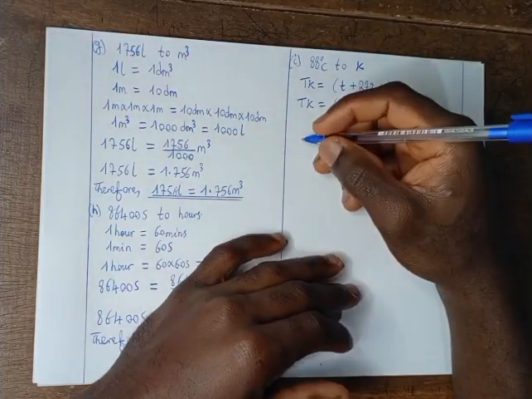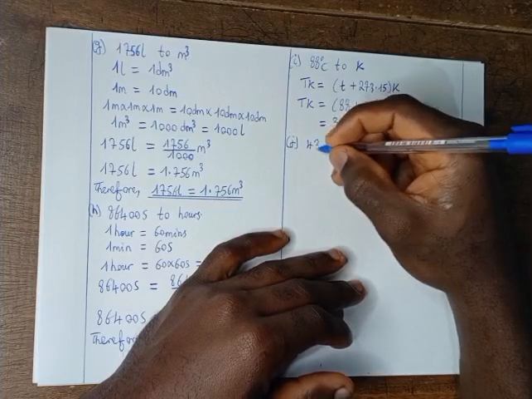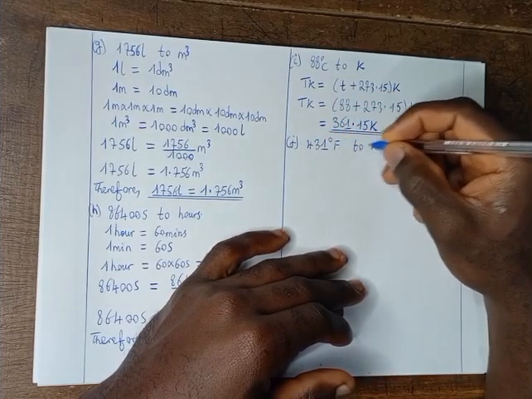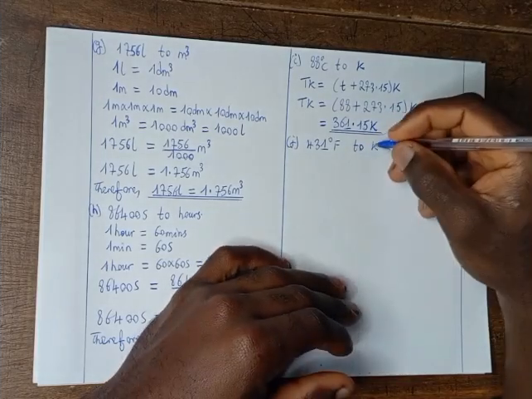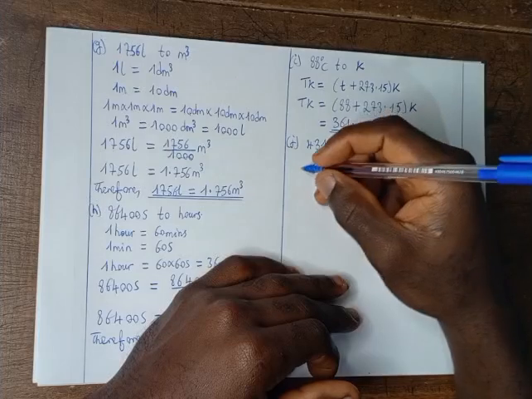Next, for J, we have to convert the temperature 431 degrees Fahrenheit to Kelvin. For us to convert from degrees Fahrenheit to Kelvin, we are going to make use of the formula.